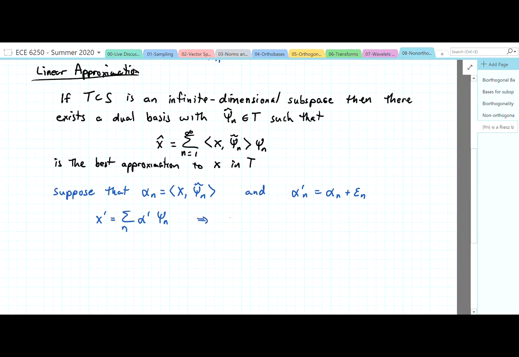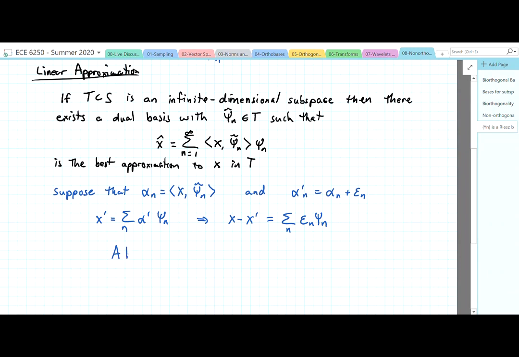So let's find x minus x tilde, or x prime. Made the same mistake again. And that's going to be the sum of epsilon n times psi n. It's going to give us our error sequence.